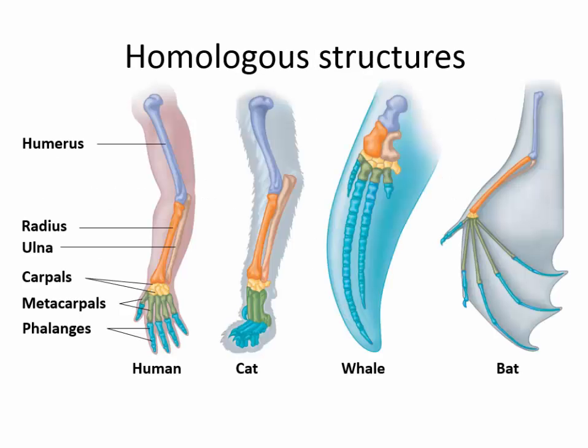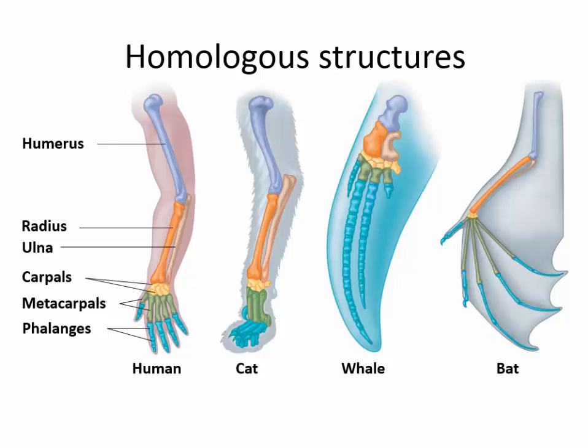So, for instance, if we look at this homologous structure, in the first picture on the left, that is the arm of a human. Next to that is the leg of a cat, then a flipper of a whale, and then the wing of a bat. If you look at the first bone, the humerus, colored in dark blue, in the human and the cat it's pretty similar.